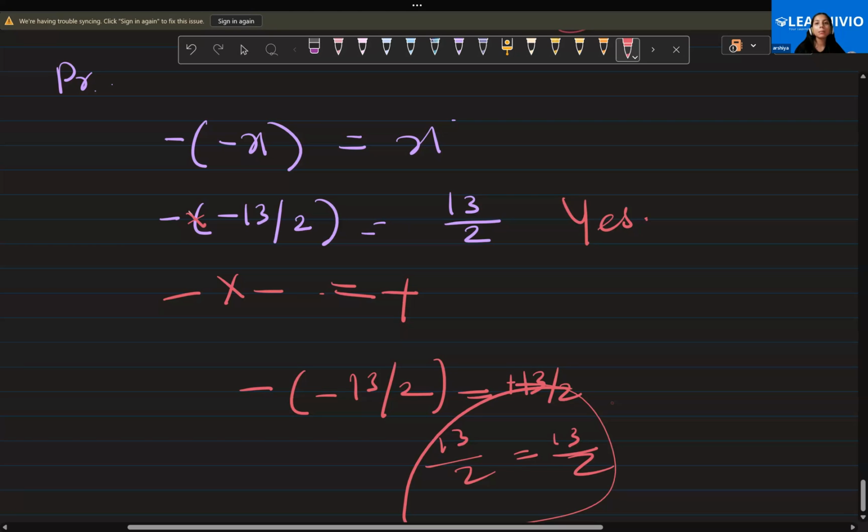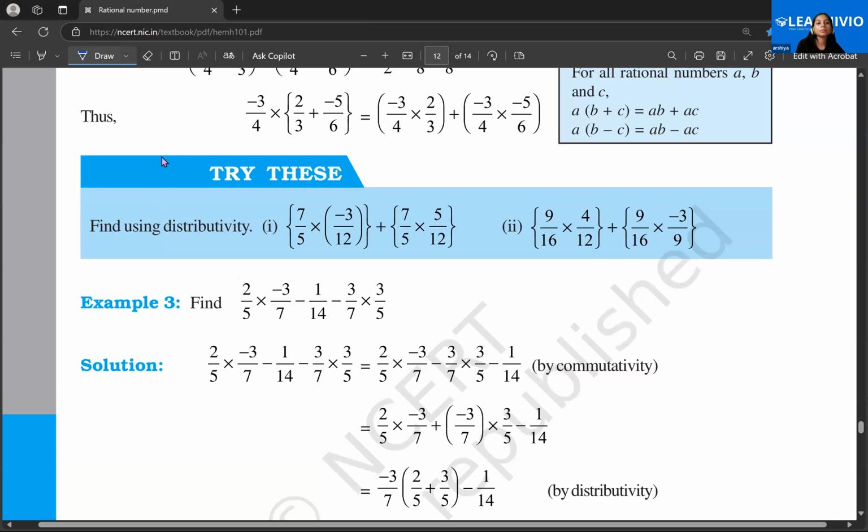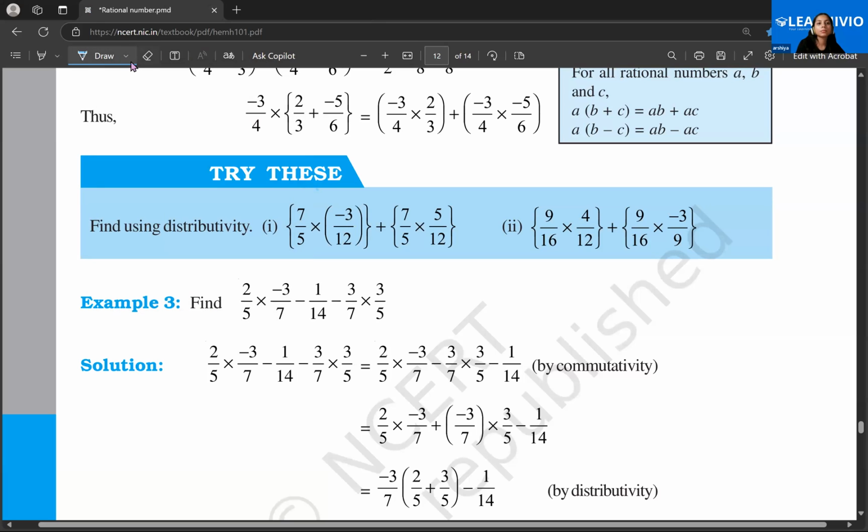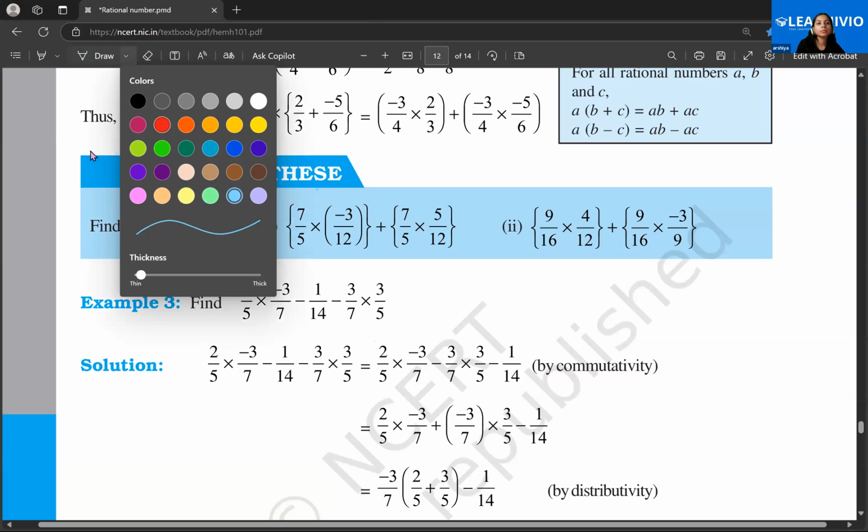All right. Let me share a different screen. Tell me once you can see the screen. Mom, I can see the screen.